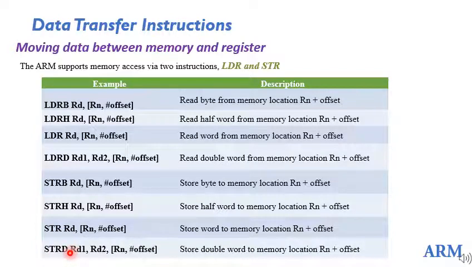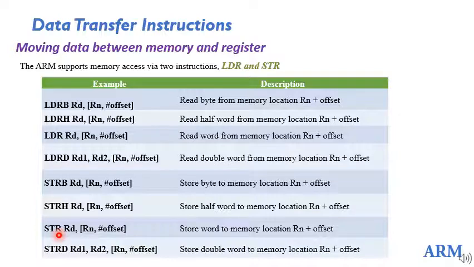As you see, the content of the lower byte, the least significant byte of the register, will be stored into the memory location Rn plus offset. Here the lower 16-bit half word of this register will be stored into the memory locations pointed to by Rn plus offset and offset plus 1, two memory locations.